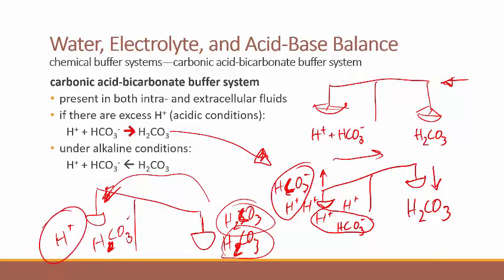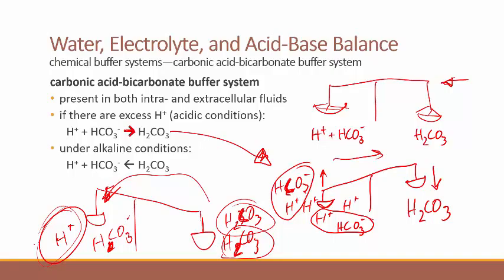So if things have become really alkaline, we look for something to give us a bunch of hydrogen ions to make things a little bit more acidic, to interact with the materials causing the alkalinity.